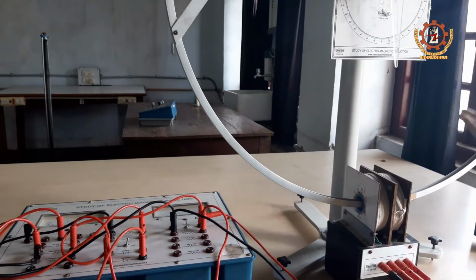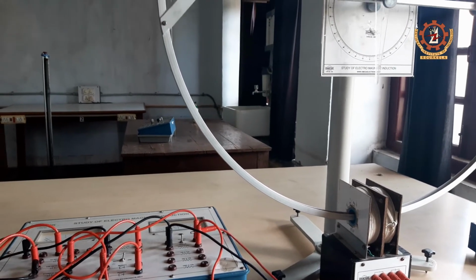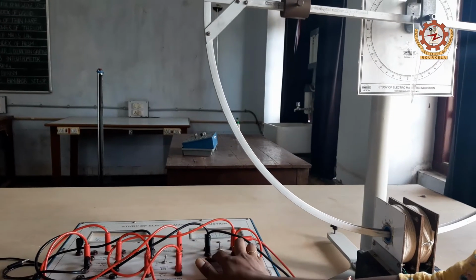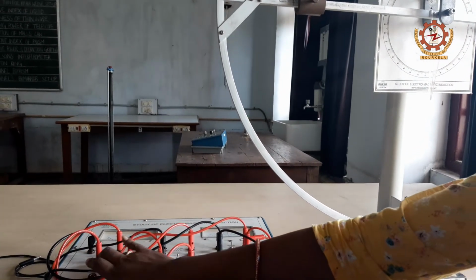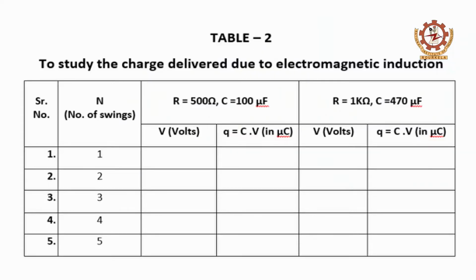Like that, for 2 oscillations we write down the voltage. Here we keep the resistance as 50 ohm and the capacitor as 100 microfarad. So from that we measure Q equal to CV. C is already given here as 100, and V we measure from the voltmeter.